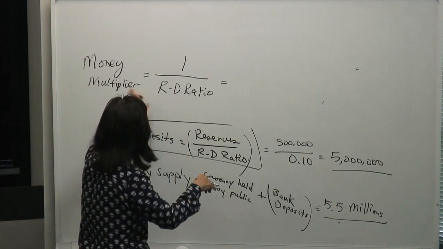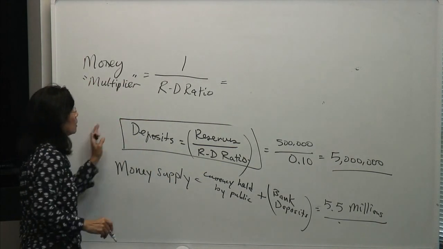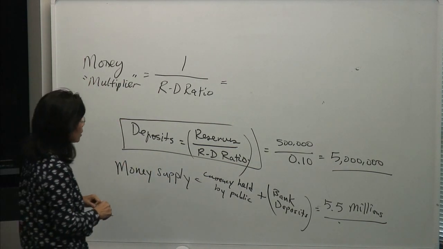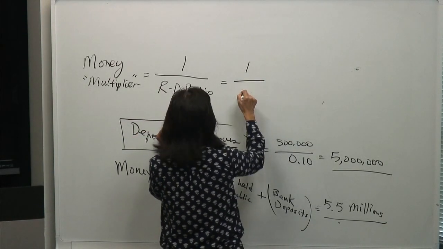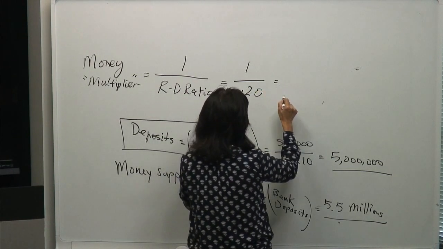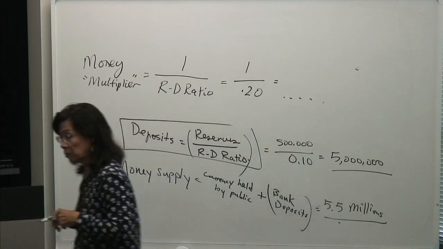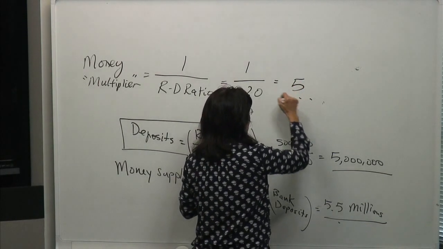So money multiplier, we use the word multiplier, is 1 divided by RD ratio. And what is our RD ratio here? It is 20%, 0.2. So tell me what's the number here? What should it be? 5. Very good. That should be straightforward. 5.